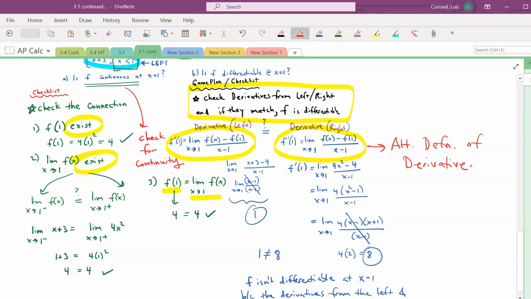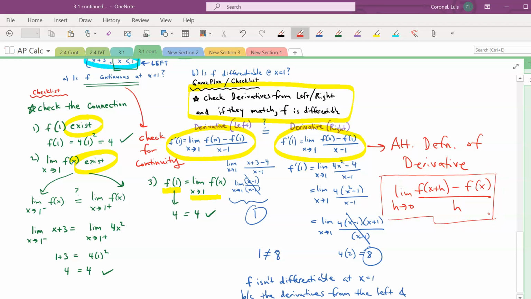But you have options. You can use the normal definition of derivative, if you like, which is f of x plus h minus f of x all over h, the limit as h goes to 0. So that's the normal definition of derivative.